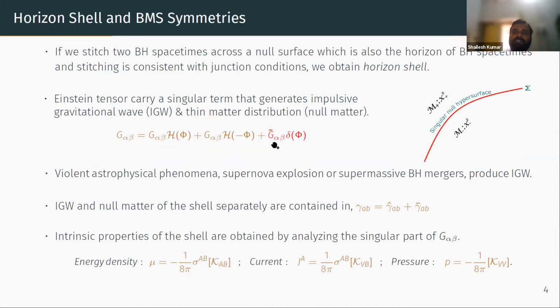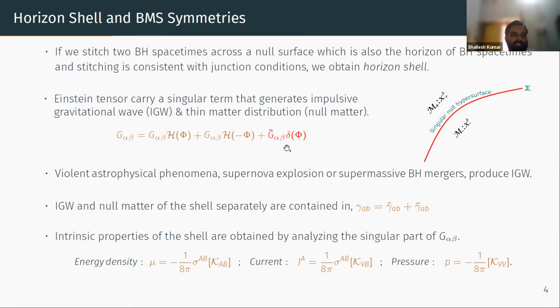Here, suppose we have two black hole space-times, M plus and M minus, with respective coordinates x plus beta and x minus beta, and we stitch them along a common null hypersurface sigma, which happens to be the horizon of the black hole. This analysis generates a horizon shell, and we find a singular term in the Einstein tensor proportional to delta phi.